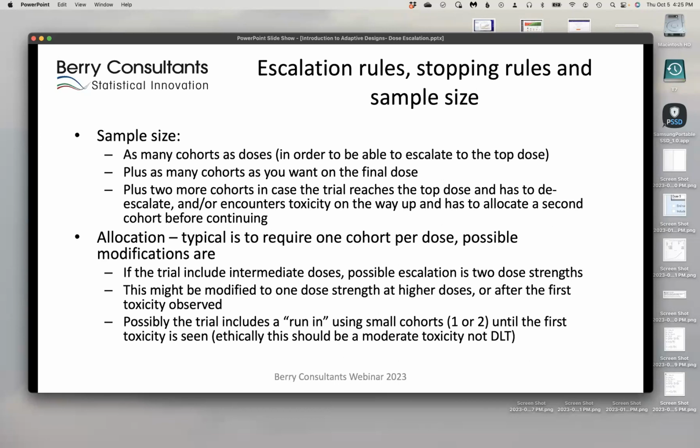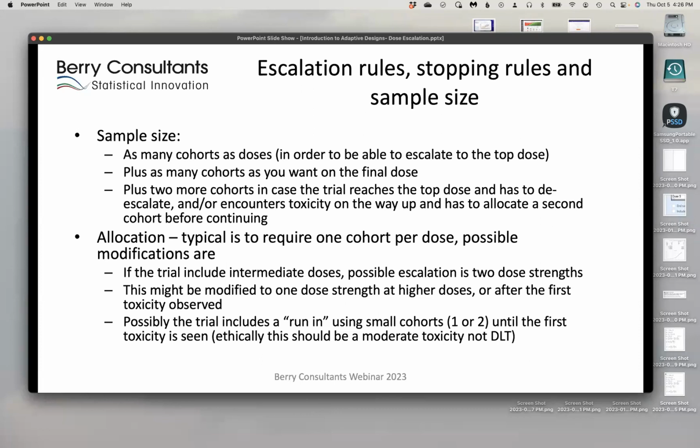If you have a trial where there are more doses than the number we've been talking about, that intermediate doses have been included, then maybe the escalation would be 2 of these dose strengths. So going up, you skip the half doses. That might be modified once you reach higher doses or perhaps after seeing a first toxicity.